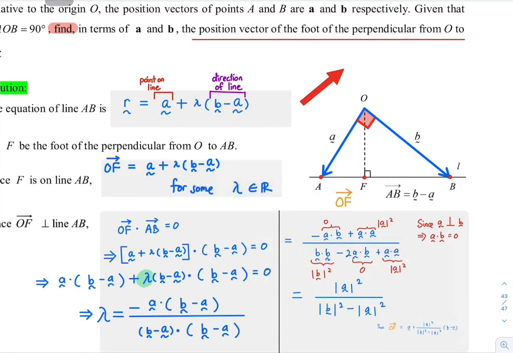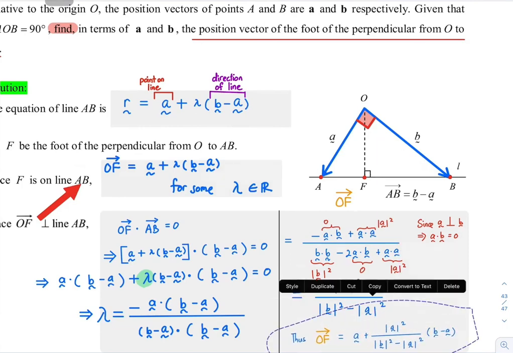Based on this newfound value of lambda, we can take this whole thing and put it inside here to represent the position vector of the point F. By doing that, we can conclude that F is this.